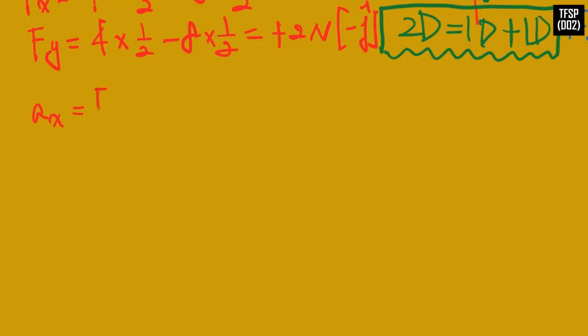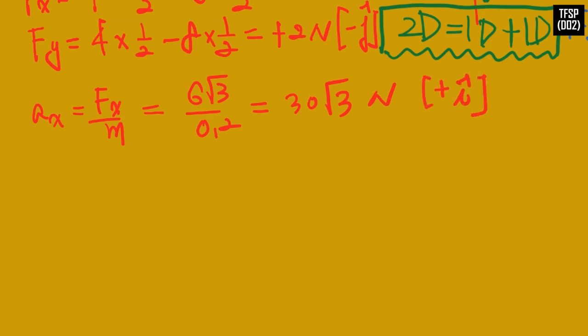Ax equals Fx over m equals 6 square root of 3 over 0.2 equals 30 root 3 meters per second squared, positive i. Ay equals Fy over m equals 2 over 0.2 equals 10 meters per second squared, negative j.